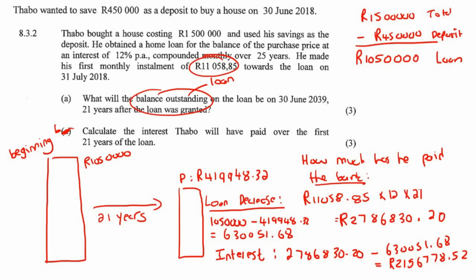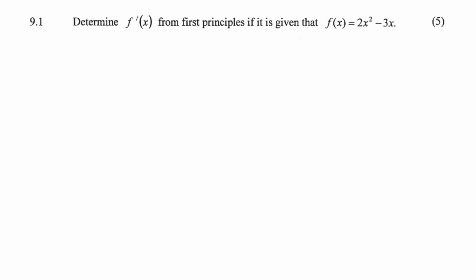If you use the future value, you should get 2,156,782.59.